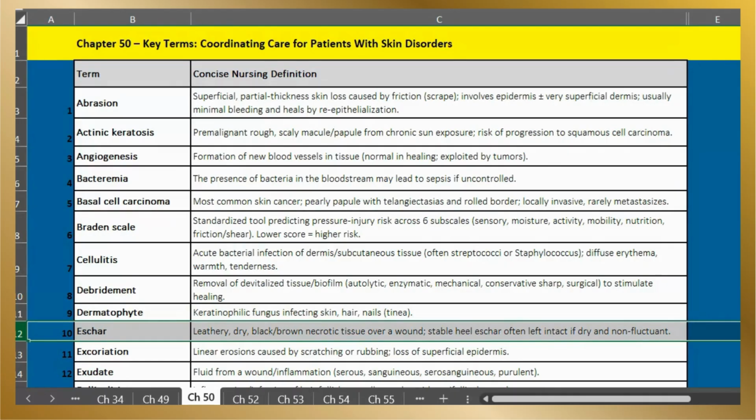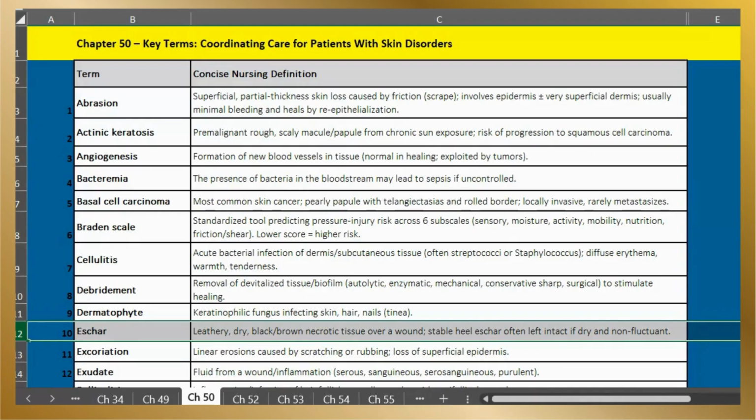Eschar means leathery, dry, black or brown necrotic tissue, that super black thing on the skin. Necrotic tissue over a wound, and a stable heel eschar is often left intact if dry and non-fluctuant.